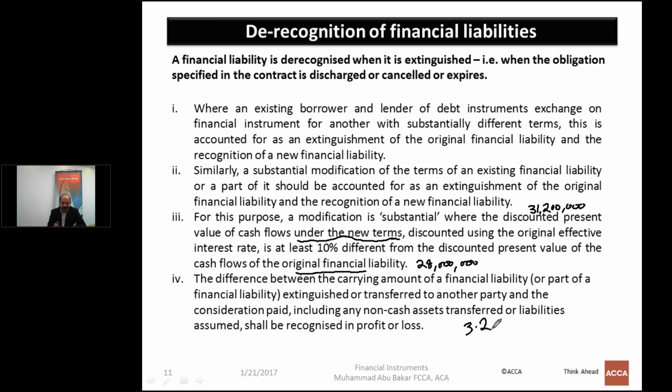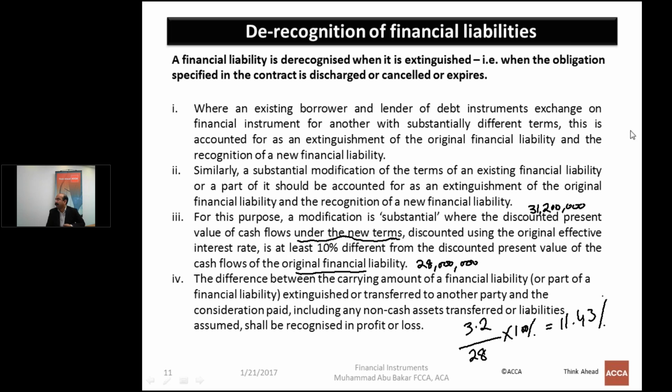The difference is 3.2. When you divide it with the original liability into 100%, this will give you 11.43%. So this is an example of substantial modification.